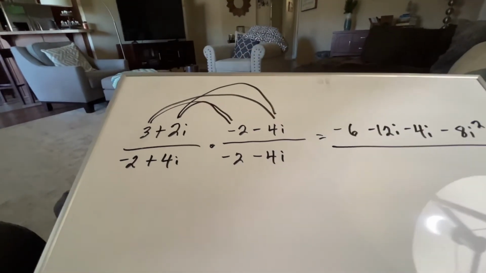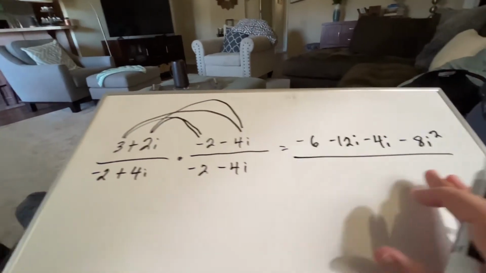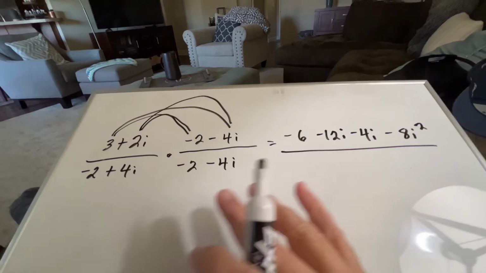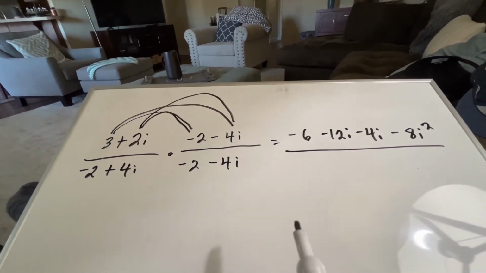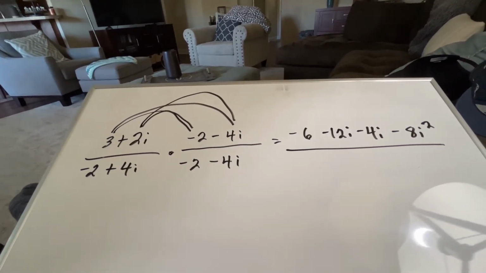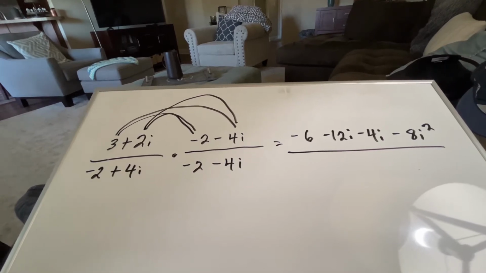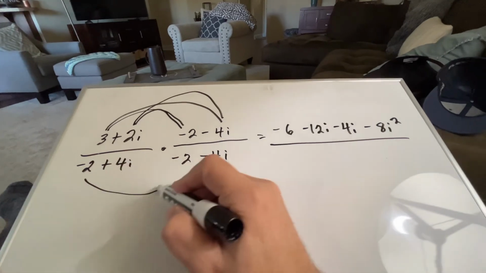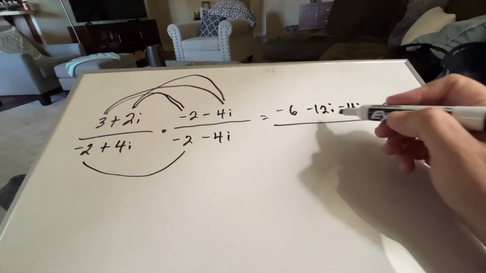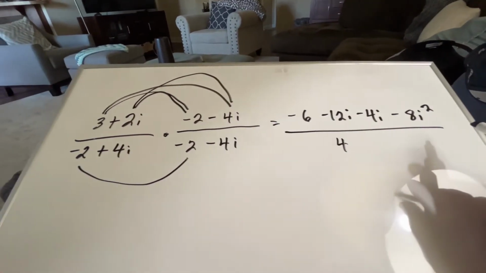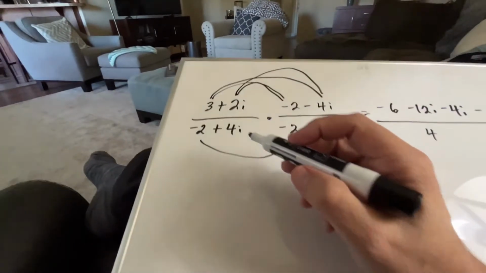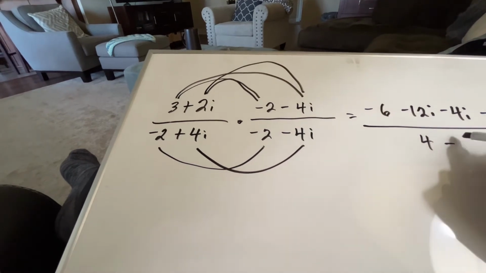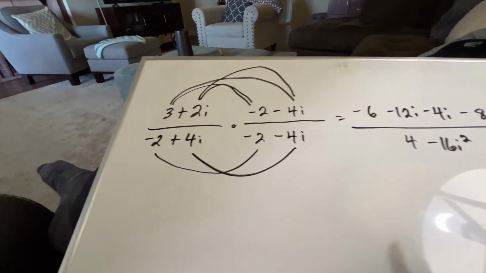Now, we can do the same thing on the bottom. We could do the whole FOIL method, but what we have discovered is that if you do the entire FOIL method, the outer and inner terms are always going to cancel out. So there's a little bit of a shortcut. We only have to do the first terms together, negative 2 times negative 2, which is 4, and then 4i times negative 4i, which is negative 16i squared.